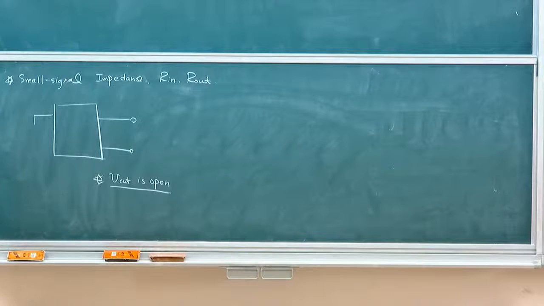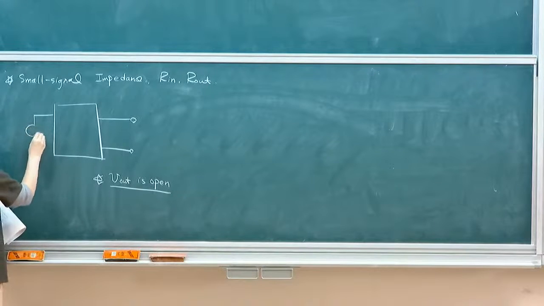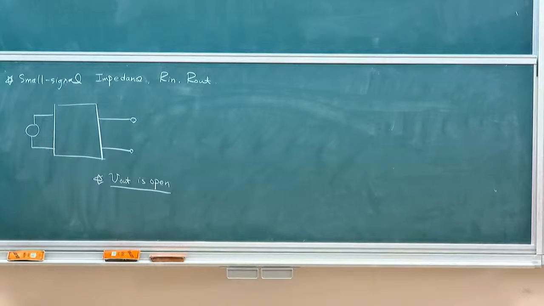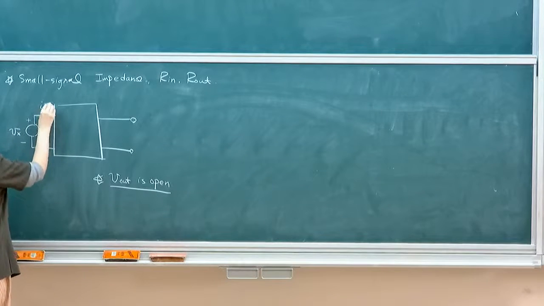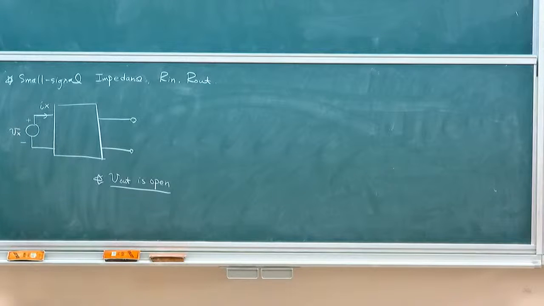Then, if I don't know what my input resistance is, typically what one can do is give a test voltage and look at its test current. I'm going to use this scheme a lot in our future analysis. For example, if you have a common emitter circuit and you want to look at what your input resistance is, we're going to construct our small signal model and then do this.